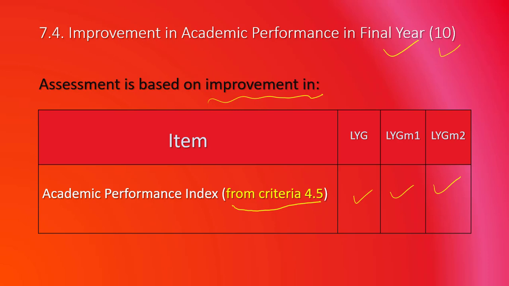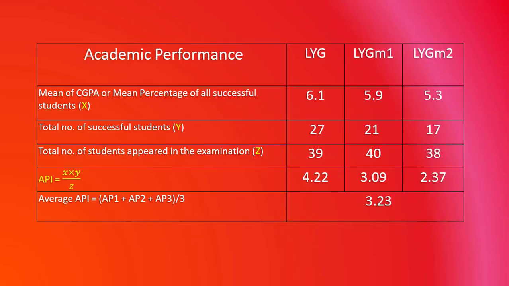The same exercise will serve the purpose in two sections. One is in 4.5 and the other is in 7.4. These are the data we take from 4.5. In another video, this calculation is explained under Criterion 4.